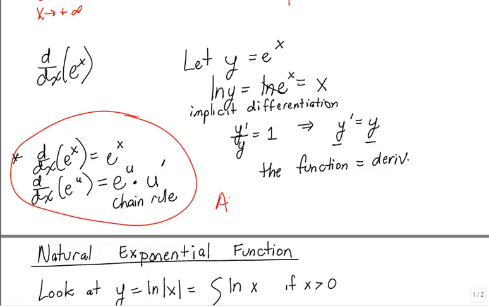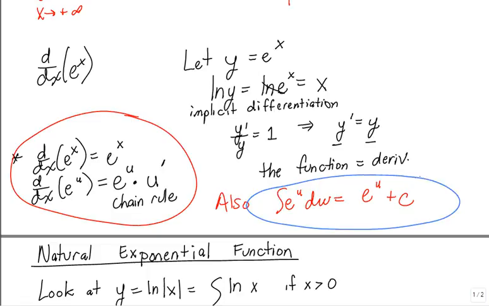And then finally, the integral of e to the u du is also e to the u plus c. So that's an integral formula for the exponential function. And we call e the natural exponential function. Okay, well, I hope this helps when you look at some of the exercises.